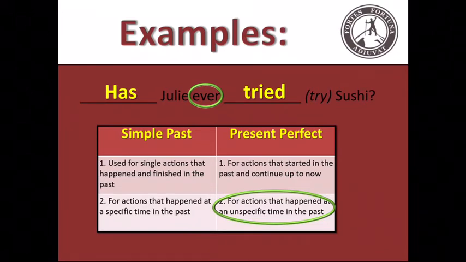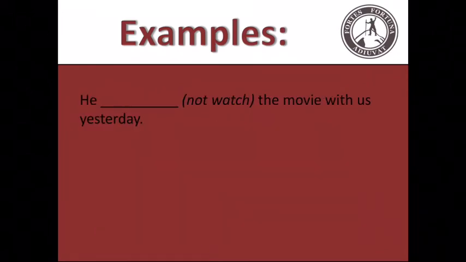Let's try another one. He, our verb is not watch, the movie with us yesterday. As you can see here, we have our specific time, yesterday. So we know that we're going to use simple past. Remember that in simple past, we use an auxiliary verb, which is did, not, or didn't.